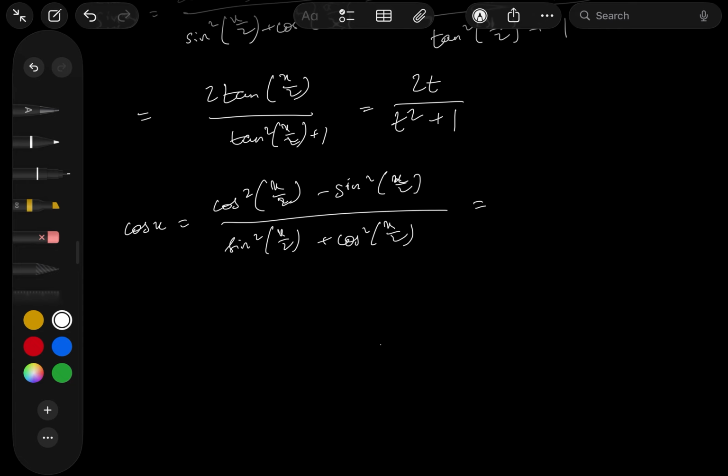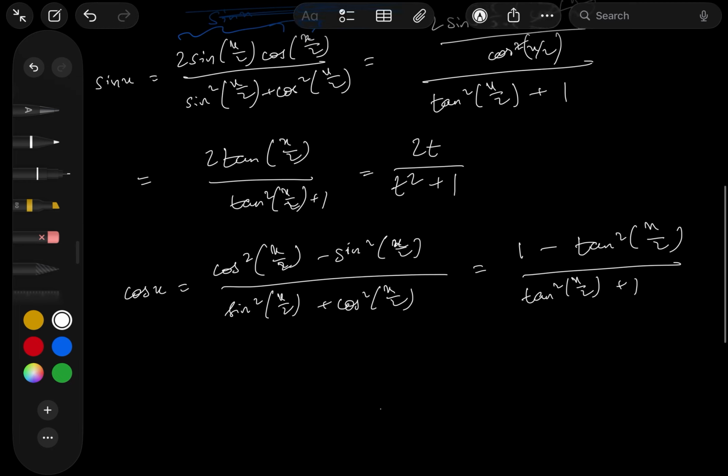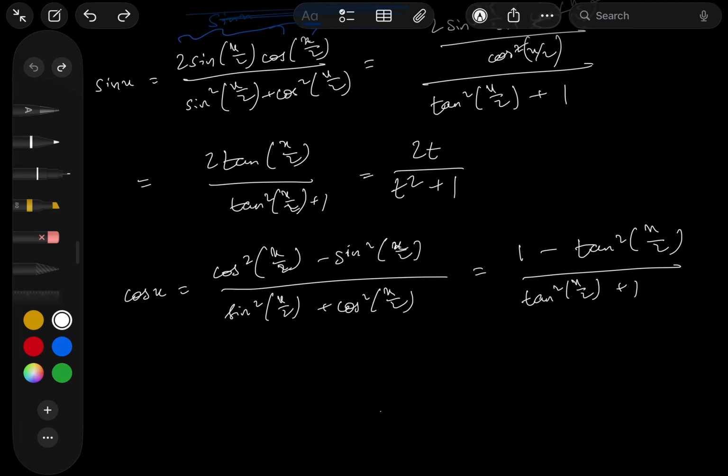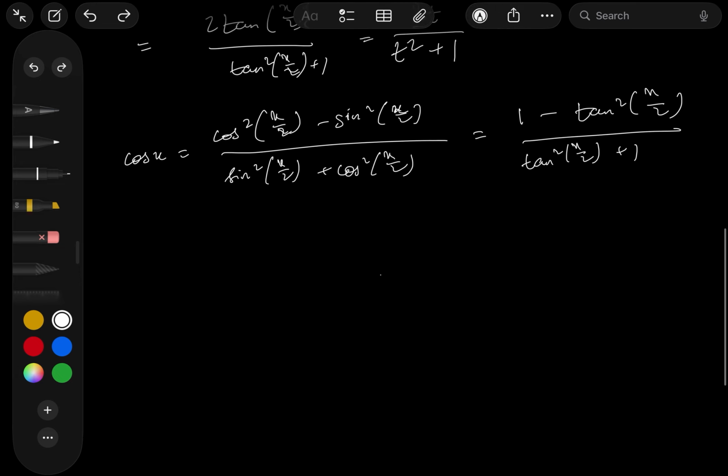So in the numerator, the first term is going to be 1 minus tan square x by 2. And in the denominator we get tan square x by 2 plus 1, which you'll notice is the same as this because the denominator is the same, of course. And this will give us 1 minus t square over 1 plus t square.